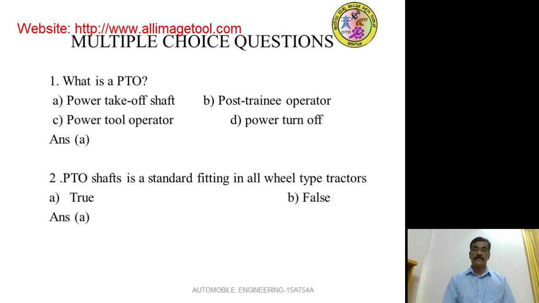Multiple choice questions. First question, what is a PTO shaft? Options: A, Power takeoff shaft, B, Post trainee operator, C, Power tool operator, D, Power turnoff.